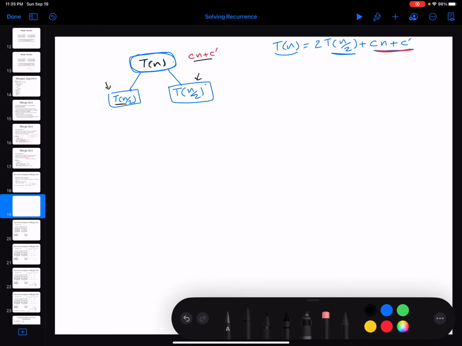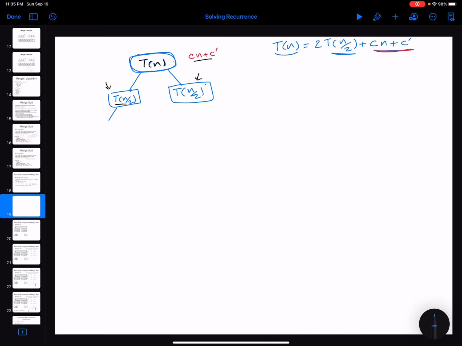It's just like recursively I am applying the same thing. I'm asking what is the T of n divided by 2? I don't know anything about it except that it is going to have the same recursive formula as T of n. So I can say that T of n divided by 2 will be 2 T of n divided by 4.